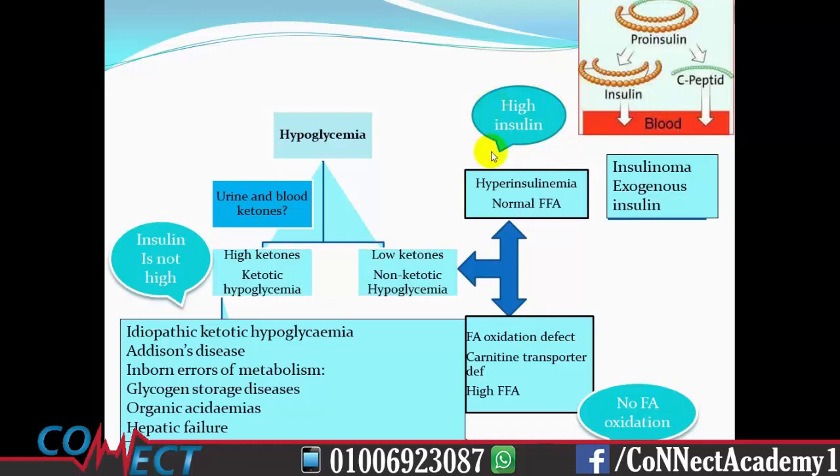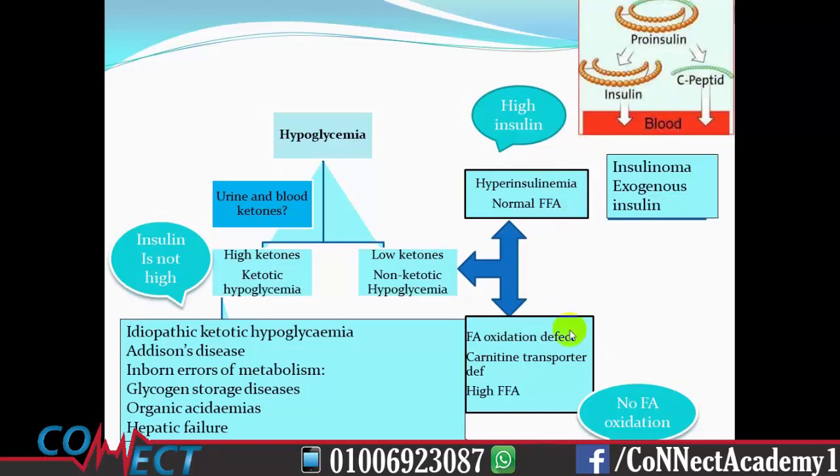High insulin consumes glucose in the blood to build up fat, but does not allow the fat to be broken down again when needed. Or we have a problem with fatty acid oxidation. We ran out of glycogen stores and now we have a problem in the enzymes performing the fatty acid oxidation.